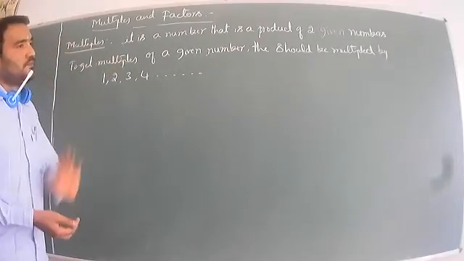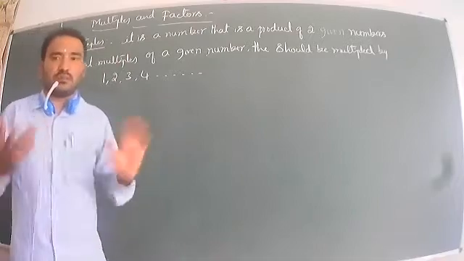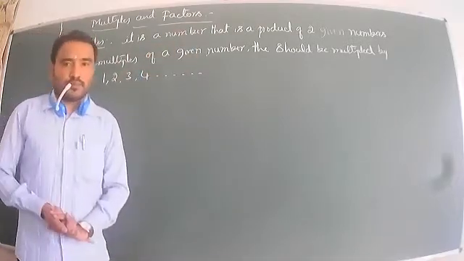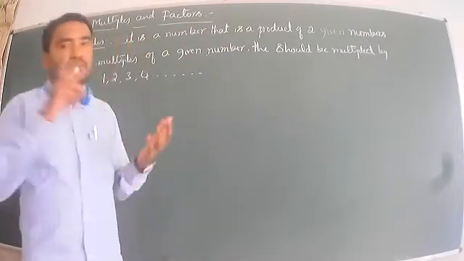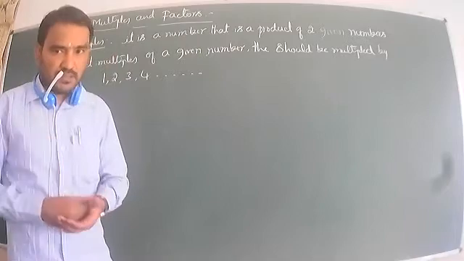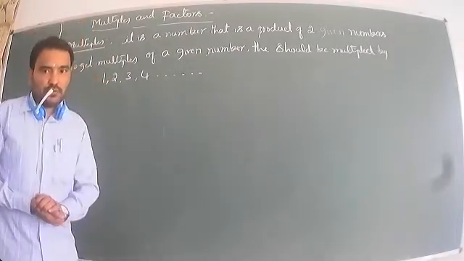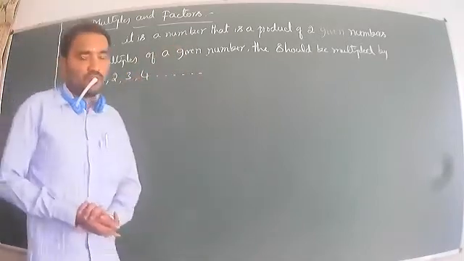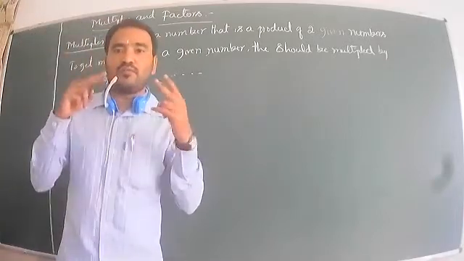A multiple is a number. These are the numbers. How do we get these numbers? Product means multiply of two given numbers. A multiple is a number, the product of two given numbers.